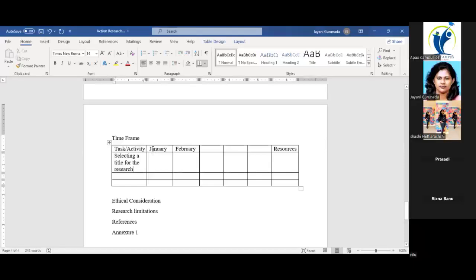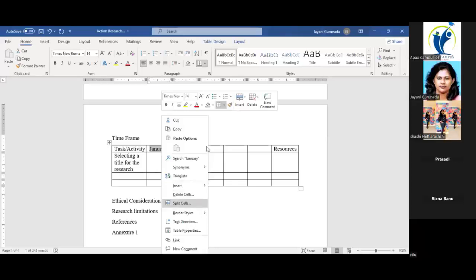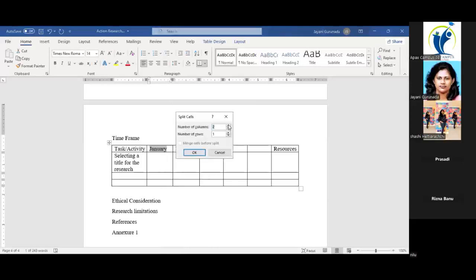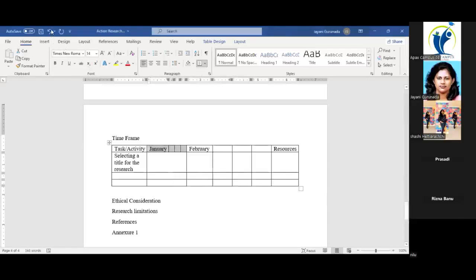Now, what is this month? September. Then you can divide it into 4. Split cells. We'll do this one.